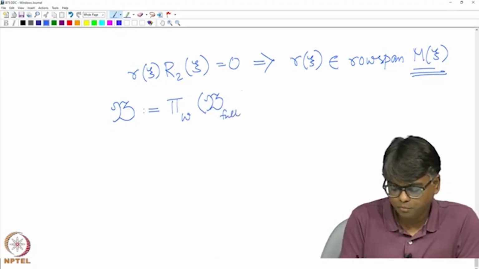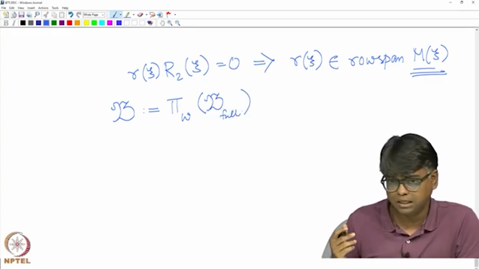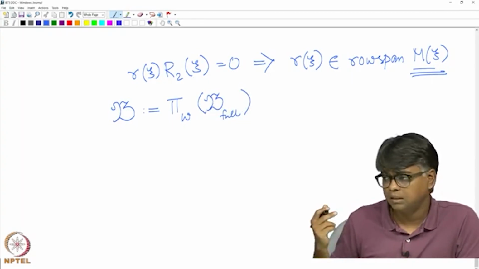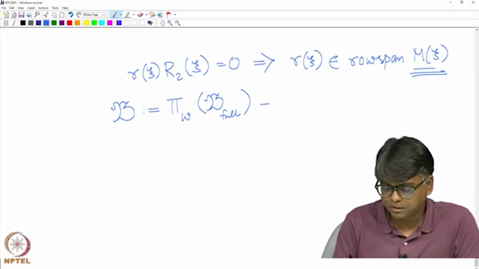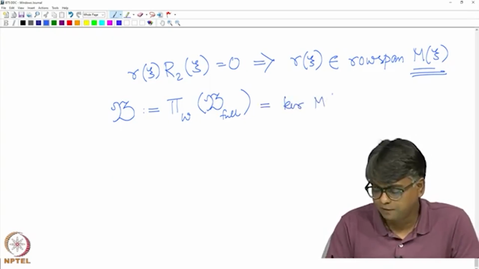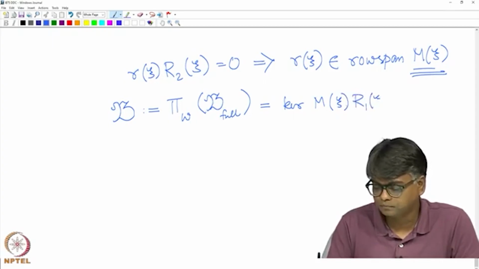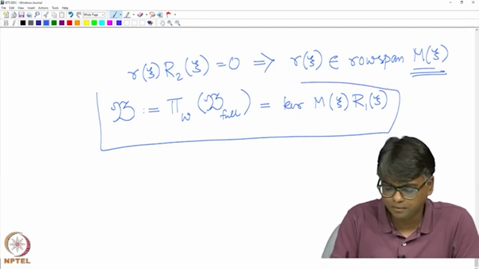What is the full behavior? The full behavior is the behavior of W and L that satisfies the equation R1(ξ)W plus R2(ξ)L equals 0. This projection is given by the kernel of the maximal left annihilator of R2 acting on R1. That is the elimination theorem.